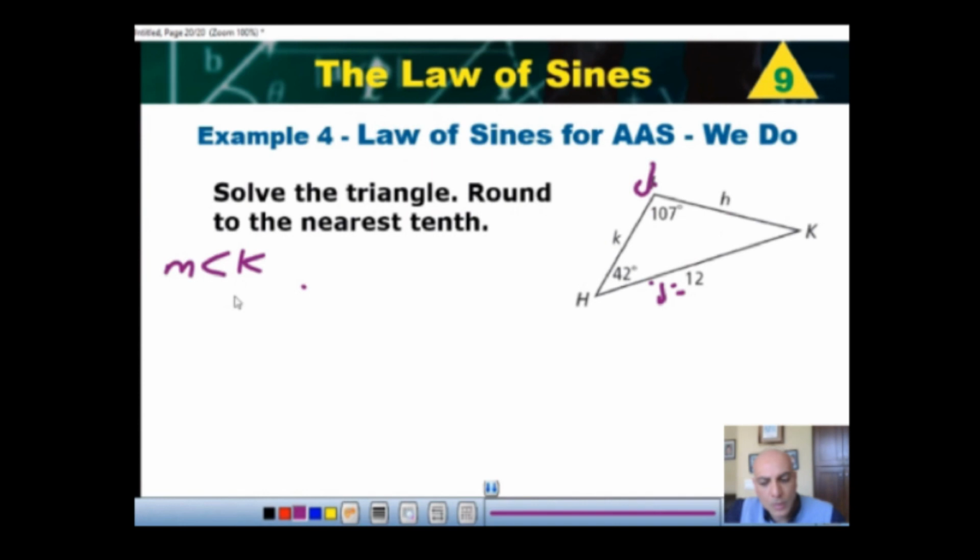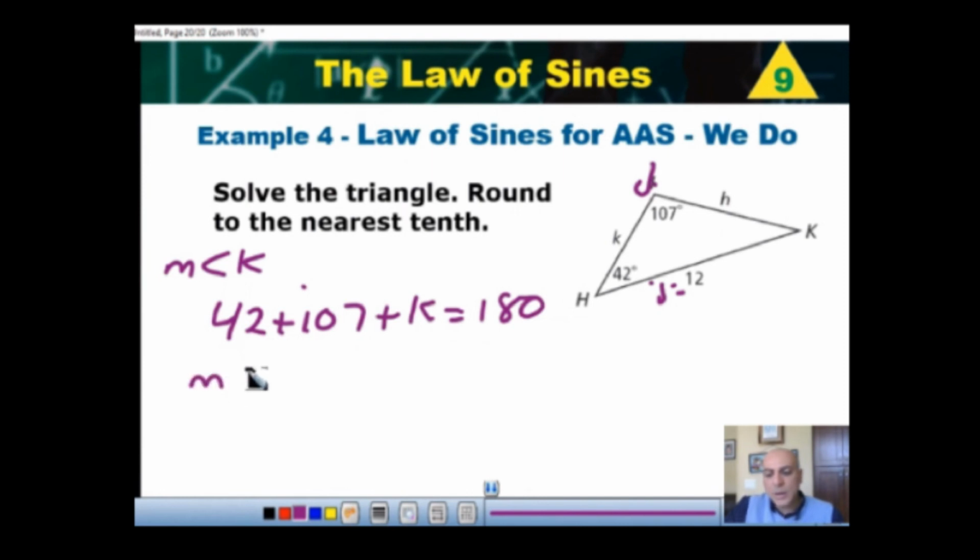So K equals 31. Others, you could say 42 plus 107 plus this angle K equals 180. You add these two, and then you will end up with angle K. Measure of angle K will be 31 degrees. Thank you. That is correct.